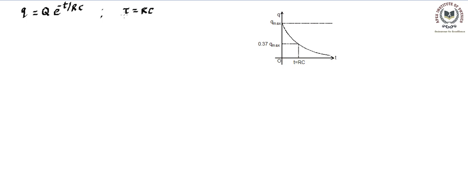So tau has a unit of time, that is second. And if somebody asks what is the maximum charge on this capacitor, you are going to find it as Q, which is initially. So initially charge is the maximum charge. Over the time it decreases because it's discharging, hence charge goes down.